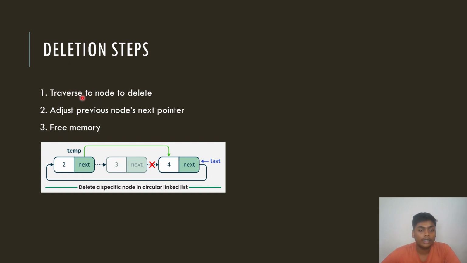For deleting any node inside the circular list, first we choose the node which has to be deleted, that is 3, and we'll select the previous node as temp, and we'll make its next pointer point towards the next node, in this case 4, skipping 3.